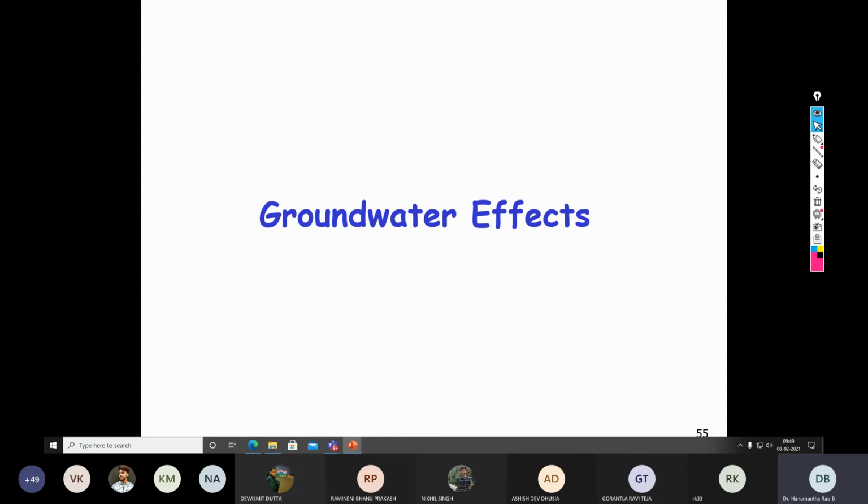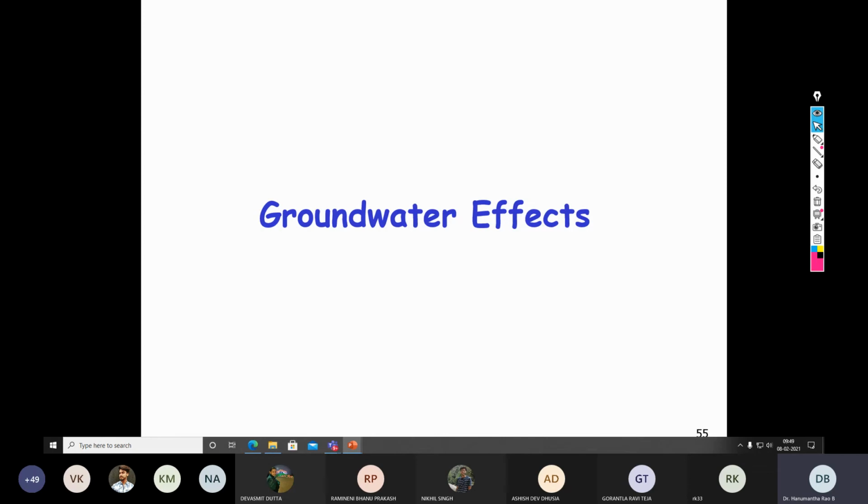As we have studied in soil mechanics, we know the impact of groundwater within the soil mass. In fact, if there were no water within the soil, we wouldn't need to study geotechnical engineering at all. It is only because of this groundwater that numerous subjects have evolved.